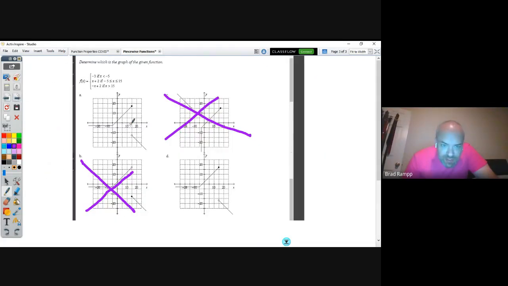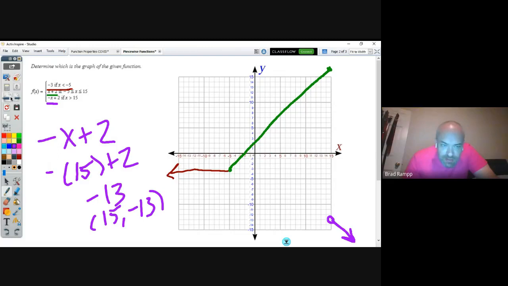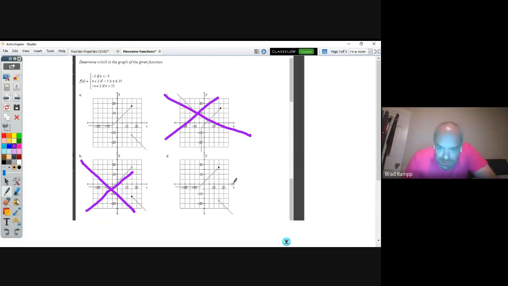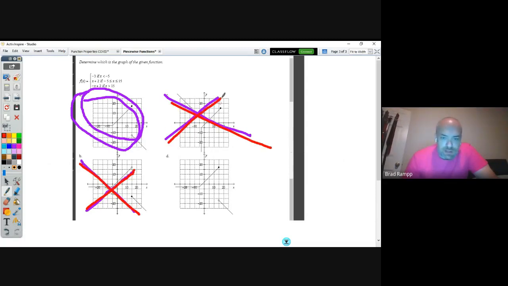This one's at 15, possibly negative 13, because, oh wait, yeah, negative 13. And this one's at 15 more than negative 13, so that's not the correct answer. The correct answer is definitely A. Here, let's cross these out with different colors. And then that's that.